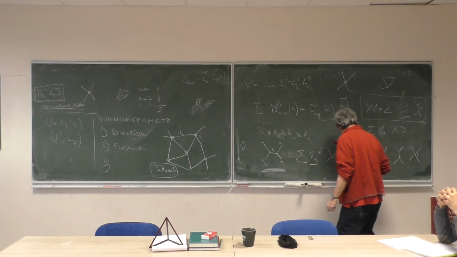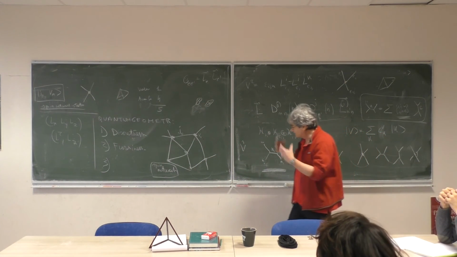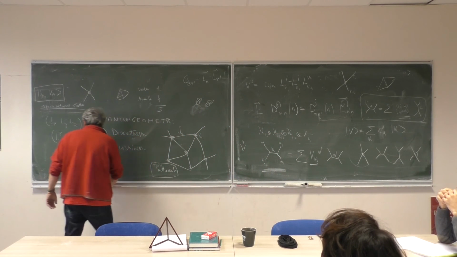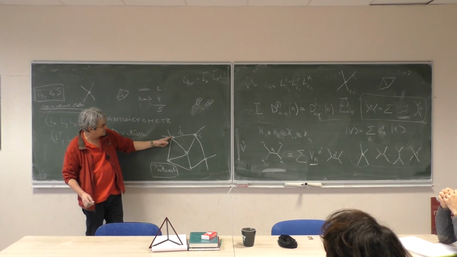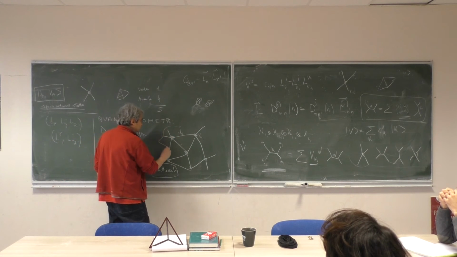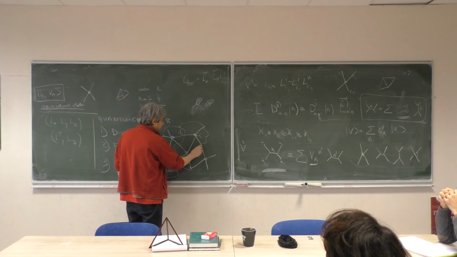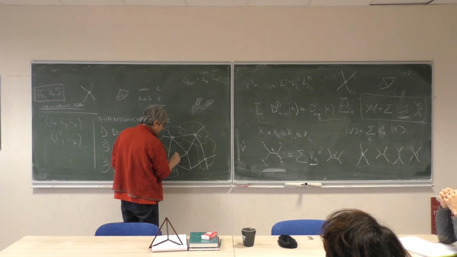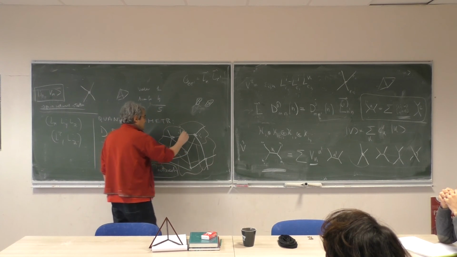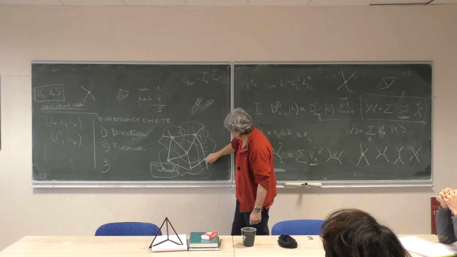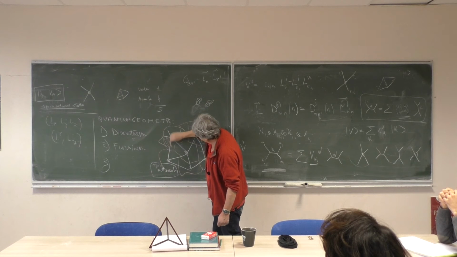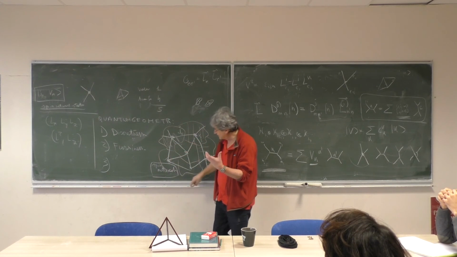Intuitively, the way I think about this is that this is not a sharp geometry, so this is a sort of blob. This is a blob. This is another blob. This is another blob. And these are sort of minimal elements of geometry.